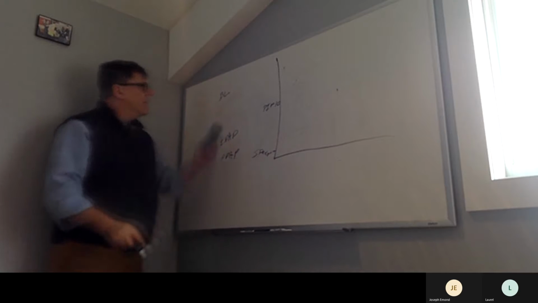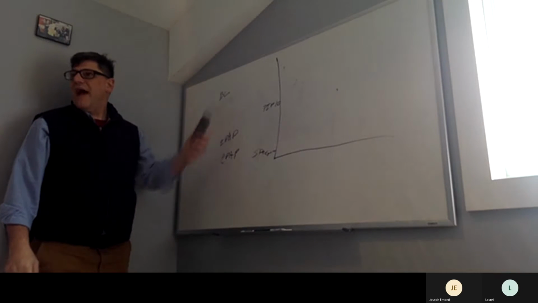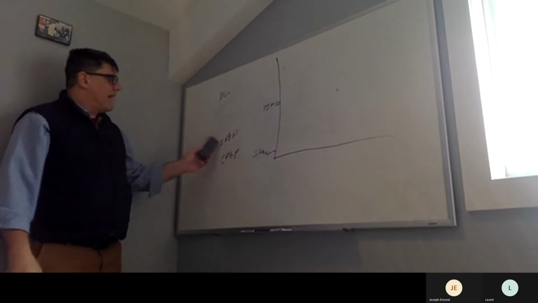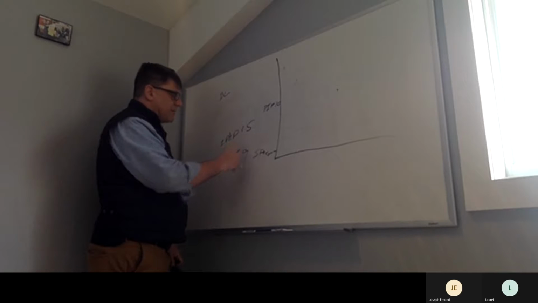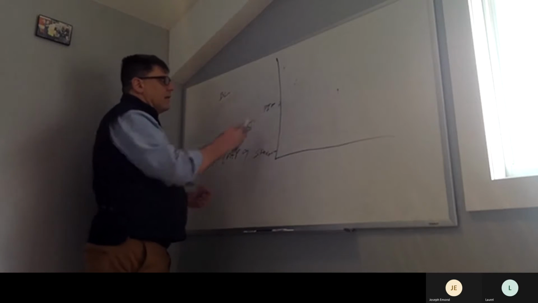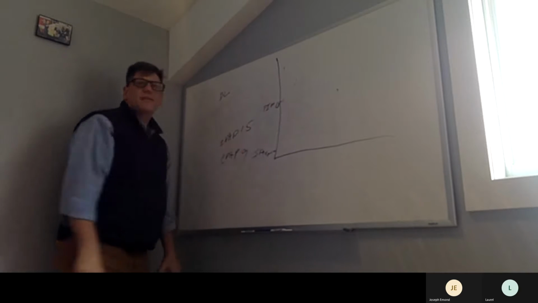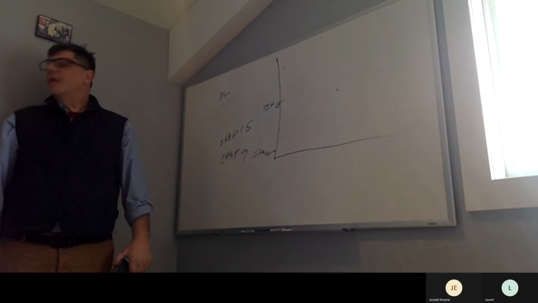When I'm in bi-level mode, it is targeted, not additive. So if my IPAP is at 15 and my EPAP's at 9, you're still targeting 15. That's your target.